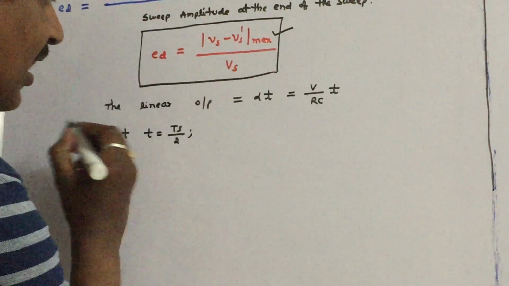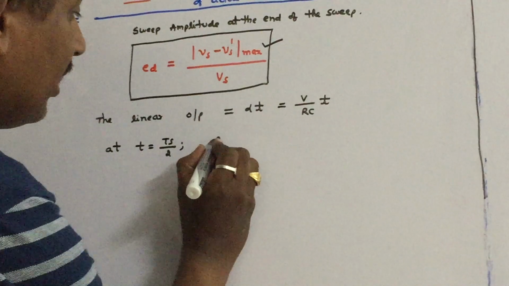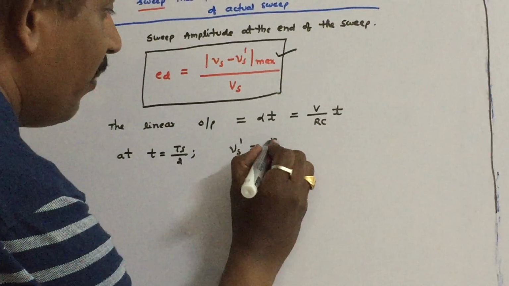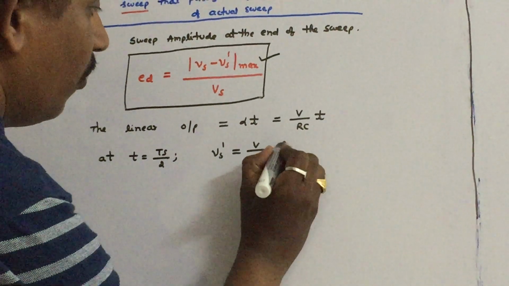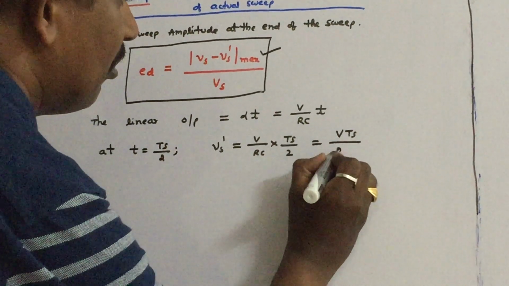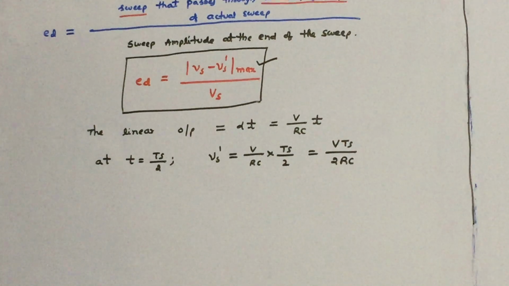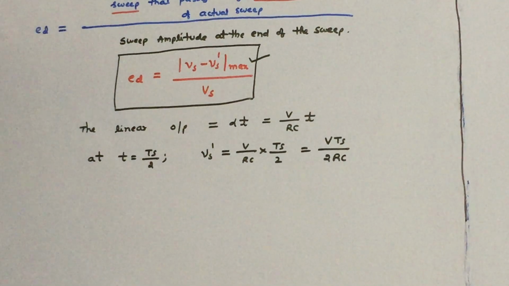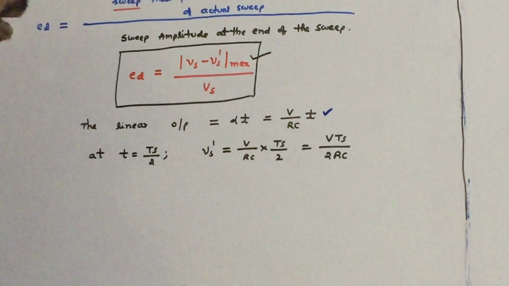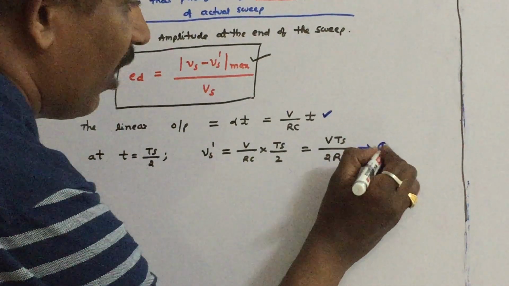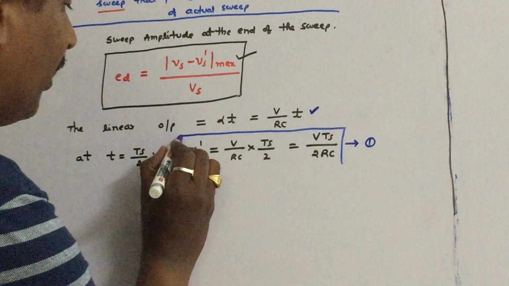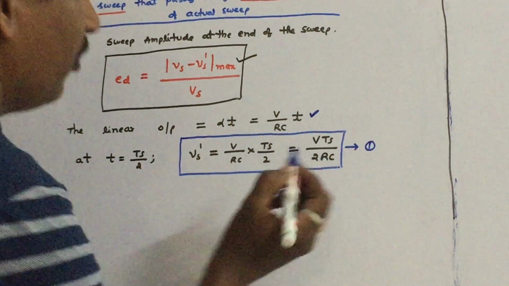The amplitude of the linear sweep is Vs dash, V by RC into ts by 2, which is V ts by 2RC. So this is the first step, the amplitude of the linear graph at t is equal to ts by 2. Let us call this equation 1.